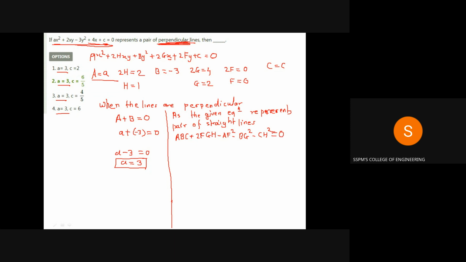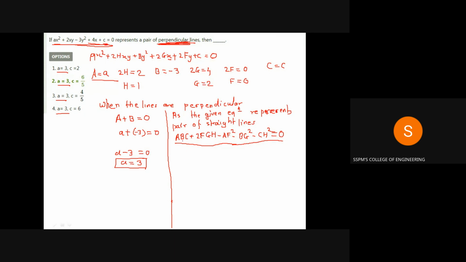Remember this formula. Whenever an equation represents a pair of straight lines, we can write ABC plus 2FGH minus AF square minus BG square minus CH square is equal to 0. Now we will put all the values and find the answer.